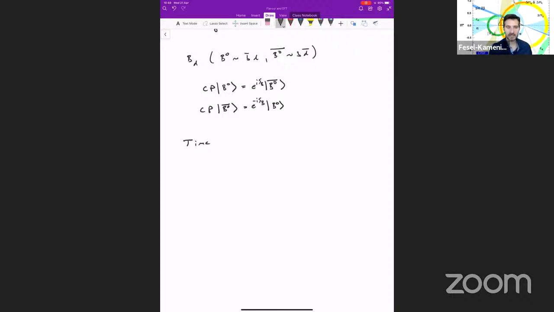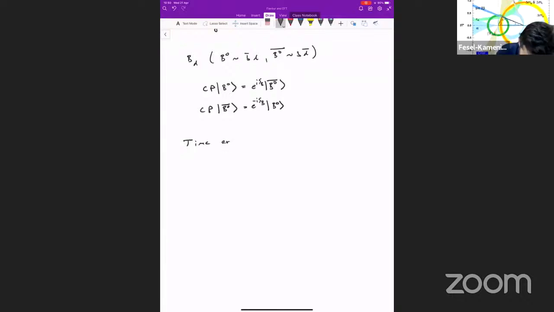And since the total Hamiltonian of the standard model does not conserve CP, the CP eigenstates are not mass eigenstates. This is a short answer. A more technical answer will hopefully be clearer once we write this out explicitly. Okay, thank you.